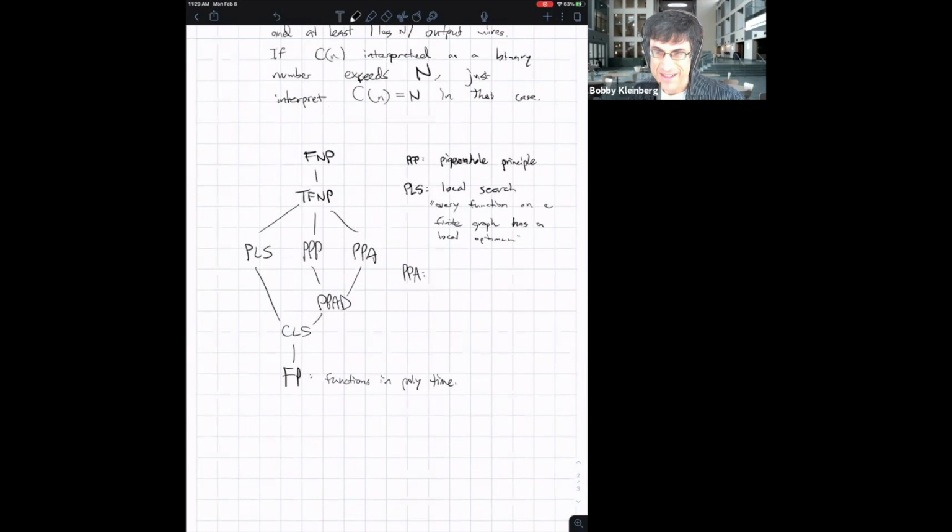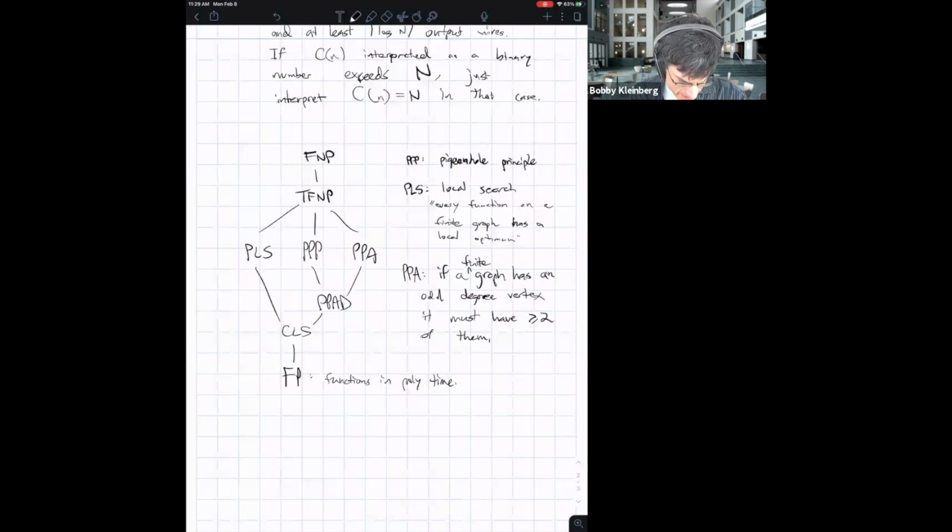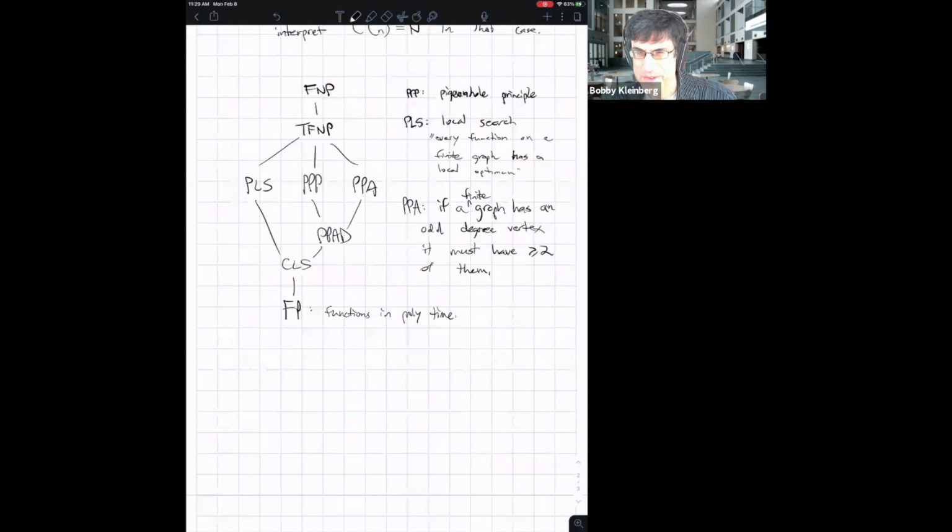PPA stands for the principle that if a finite graph has an odd degree vertex, it must have at least two of them. And I'll skip what PPAD and CLS are, maybe.